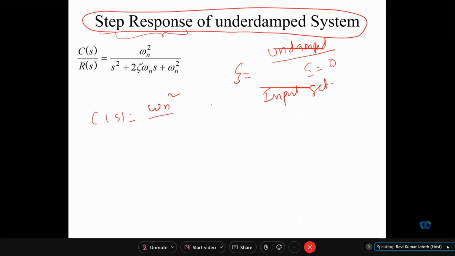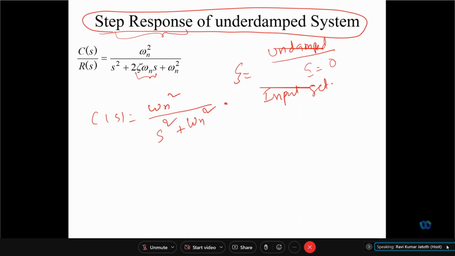Omega n square by S square plus this term, which becomes 0 since zeta is 0. So omega n square by S square plus omega n square.